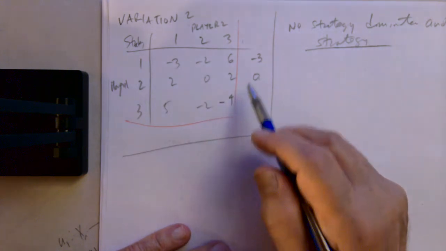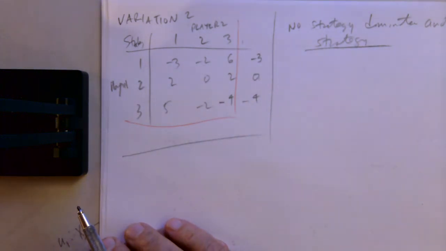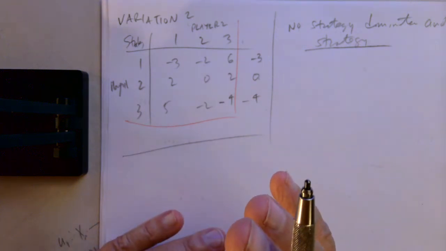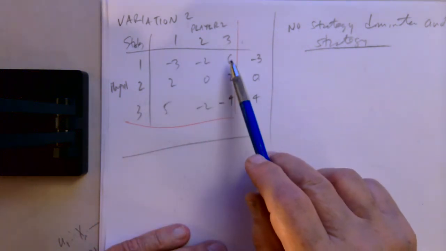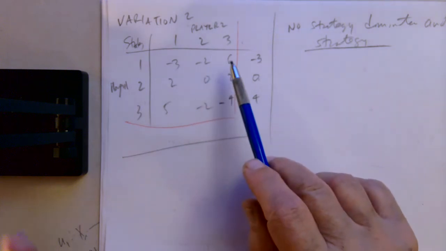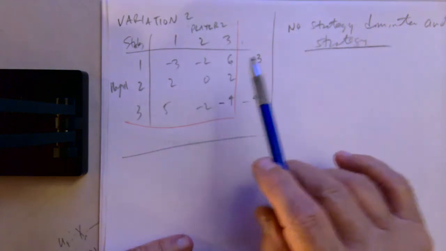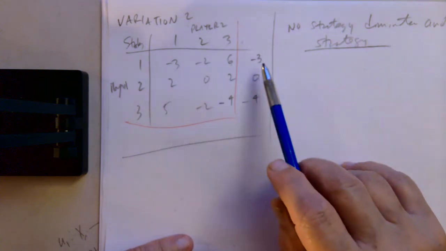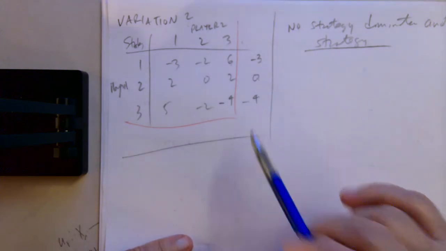The worst he can do is lose 4,000 votes. This isn't a betting guy who says, okay, I'm going to choose strategy one because maybe I'll win 6,000. No, they say to themselves, what's the worst I can do in each case? And in each case, the worst I can do is -3, 0, and -4.